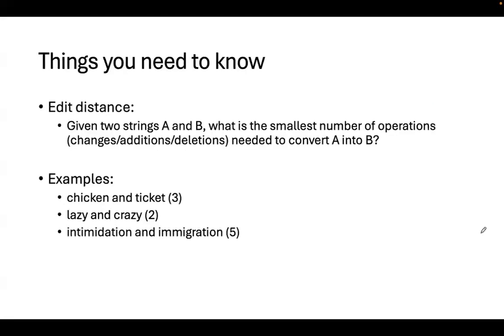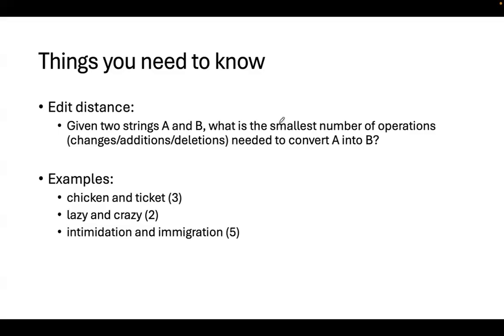Okay, so some other things that you need to know, which is, I believe, at least one of the packet problems and will be one of the video problems, is this notion of edit distance. This is used in applications like bioinformatics and such, where if we've got this string of DNA, then we need to know how many changes do we need to make to change one of these into the other.